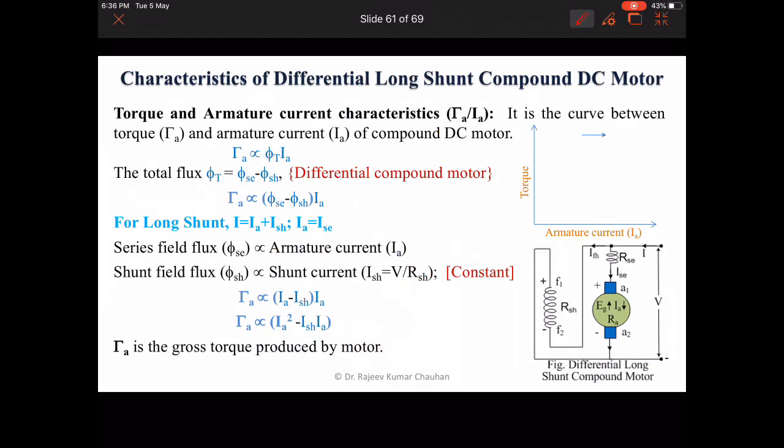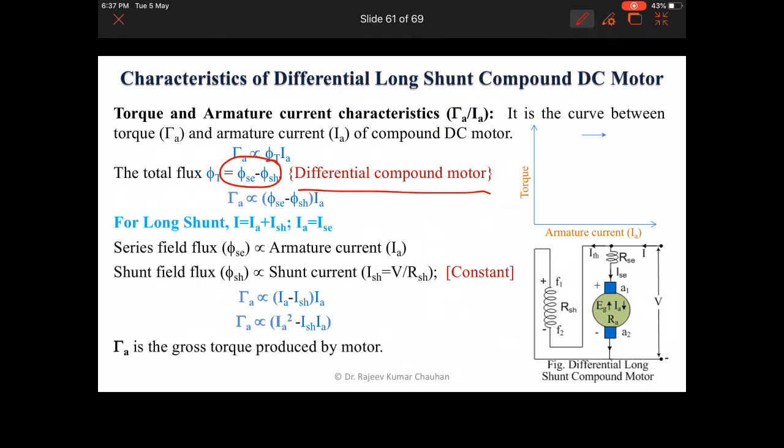Torque and armature current characteristics of differential long shunt compound DC motor. It is the curve between the torque and armature current IA of the compound DC motor. So, tau A is proportional to phi t IA, where phi t, this is the differential compound motor. Therefore, phi t is equal to phi SE minus phi SH, or phi SH minus phi SE. So, tau A is proportional to phi SE minus phi SH into IA.